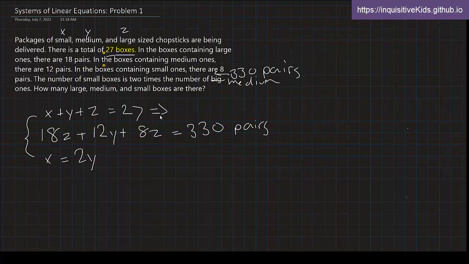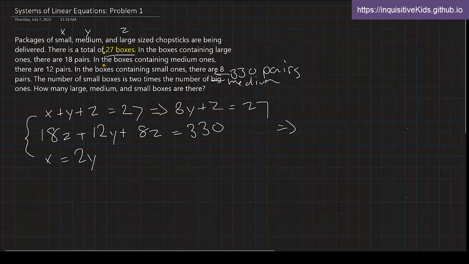So this is going to become, if x is equal to 2y, then that would be 3y plus z is equal to 27. And this is going to be turned into, right, we take the number of x's, that's right here, x.